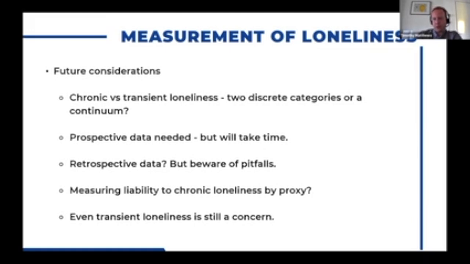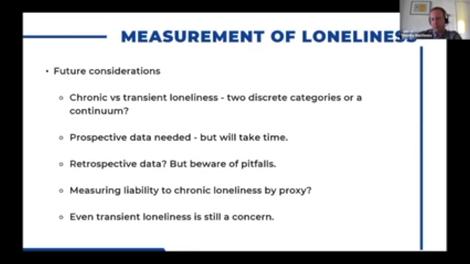So it was touched on earlier that there's no magical threshold, or we haven't validated one, at which someone goes from having middling levels of loneliness to having severe. And in fact, there's no threshold really agreed on at which a person goes from being not lonely to lonely. And so in the same vein, I'm not sure it's necessary or desirable to draw a line in the sand where loneliness goes from being transient to chronic.